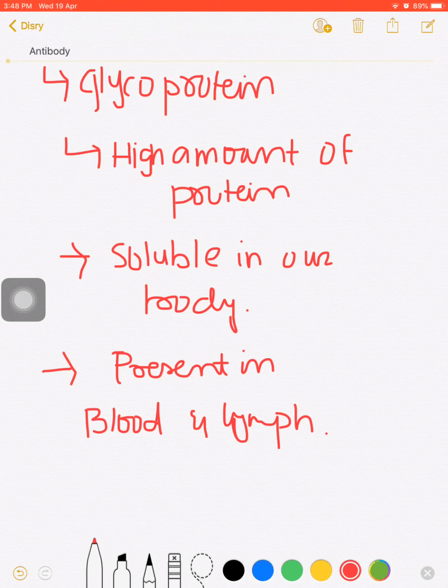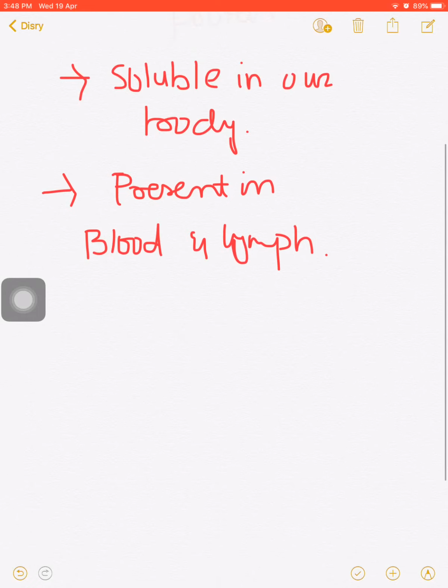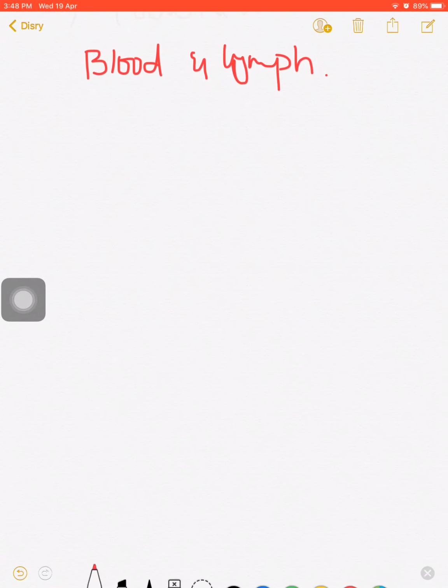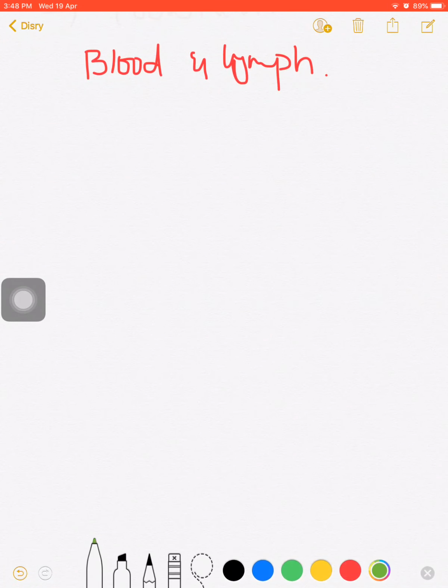So now let's talk about the structure of antibodies.